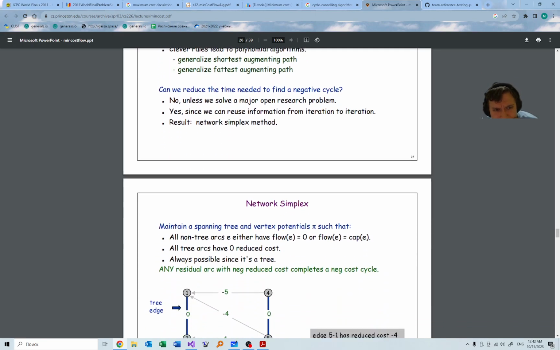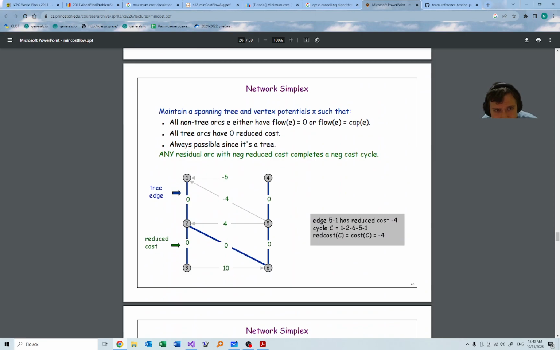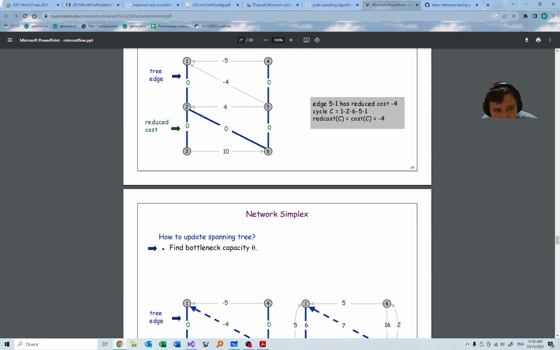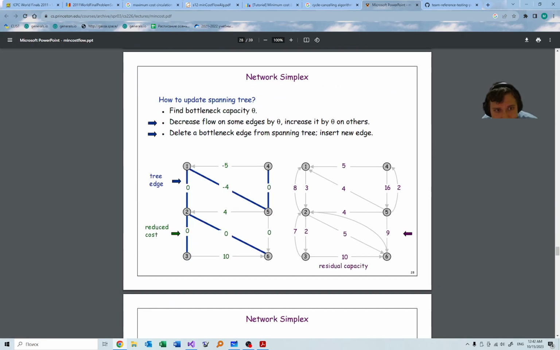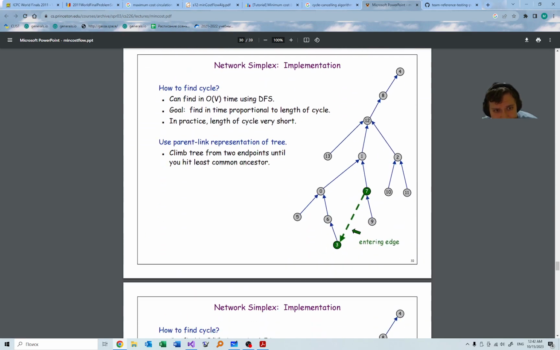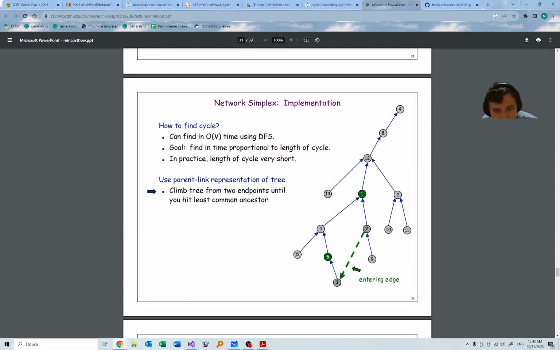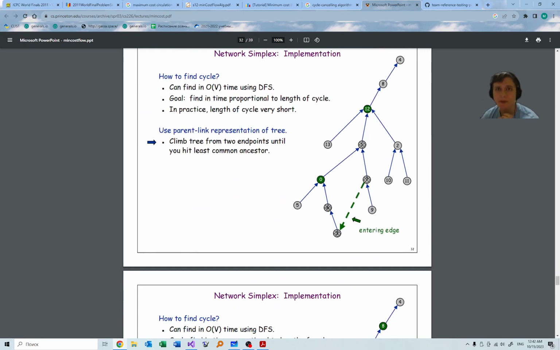Network simplex method. Are you sure about that? Maybe I just need to use my linear programming.